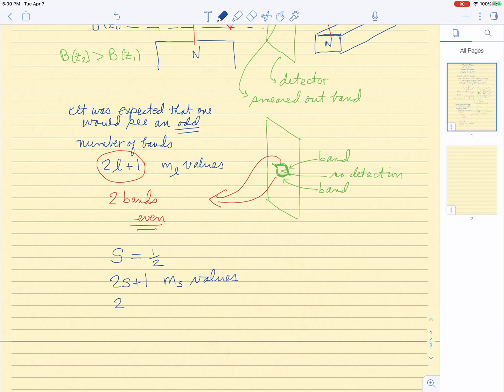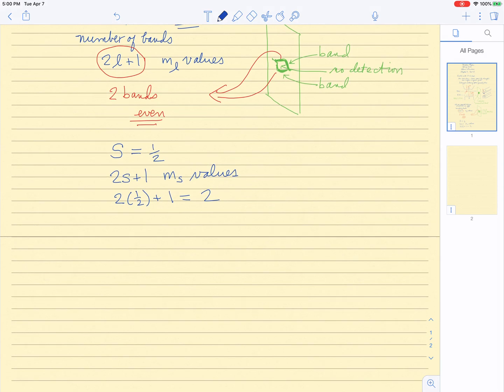And so then 2 times 1/2 plus 1 is 2. Now remember the m sub L values.